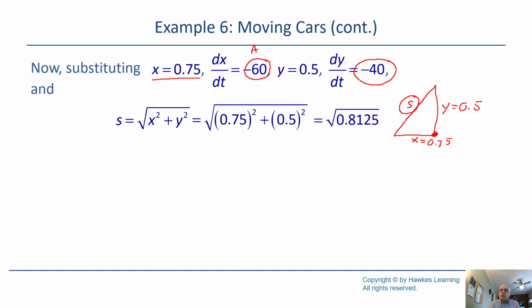And we can get the square root of 0.8125 using our calculators. So the cars are right now 9/10 of a mile apart.